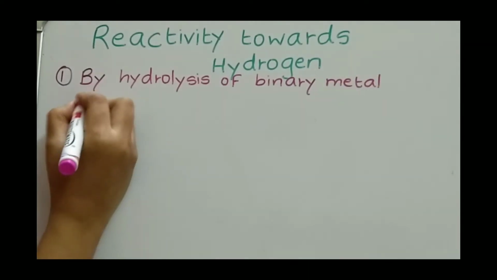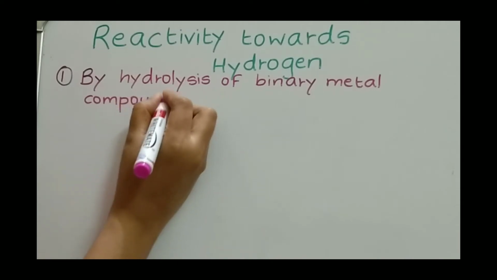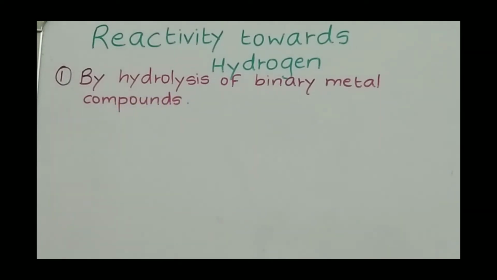A binary compound means what? Two elements will be present and a metal is also there. So one will be a group 15 element and the other one will be a metal.